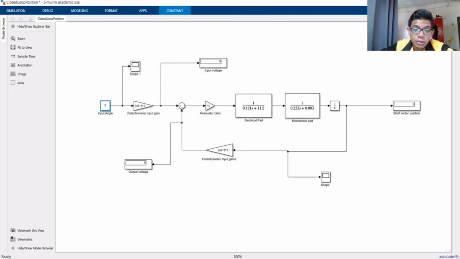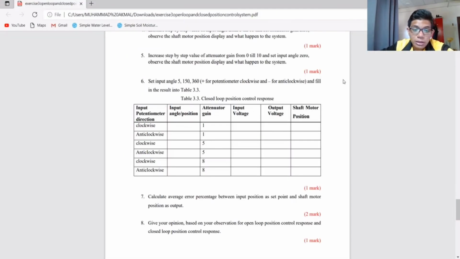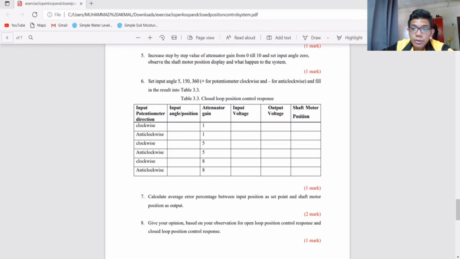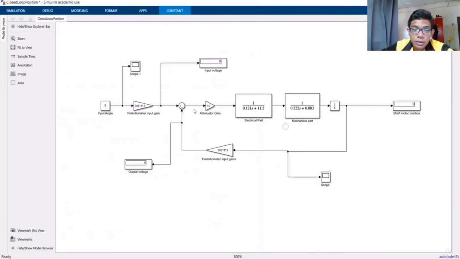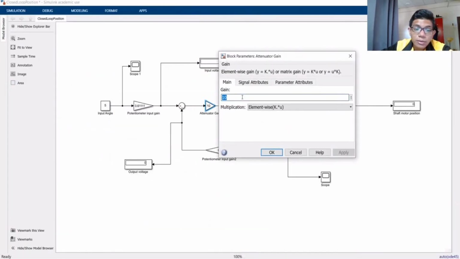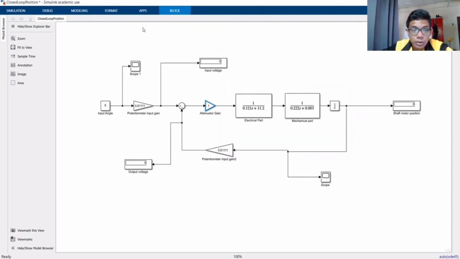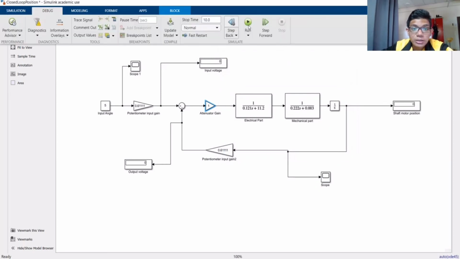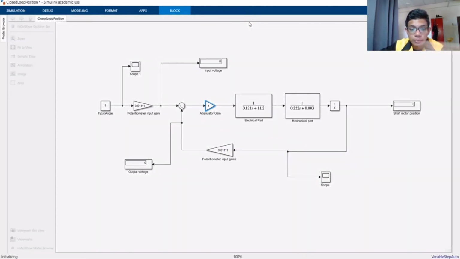and then the attenuator gain, as you can see, is set up to 1 for this. For the input angle of 5, we set up to 1, and then we run the simulation. So the input voltage that we get is 3.056 and the shaft motor position is 3.927.